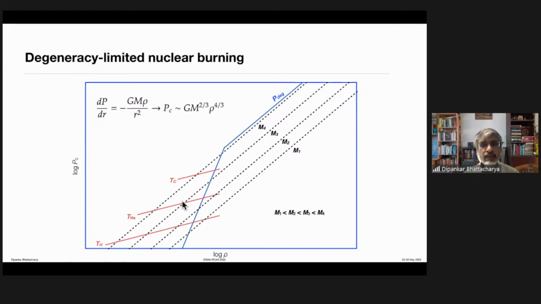And then after helium exhaustion, the star will proceed again along this line and find degeneracy pressure support before it can ignite the next stage of it. So these objects will end their lives as what are known as carbon-oxygen white dwarfs.